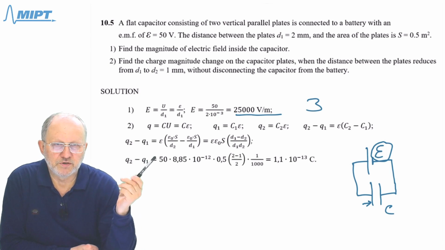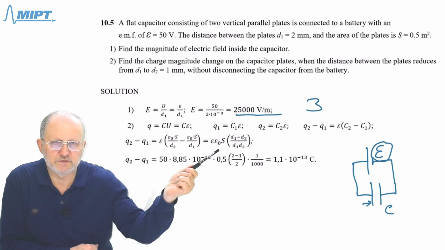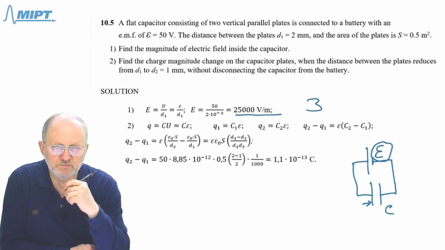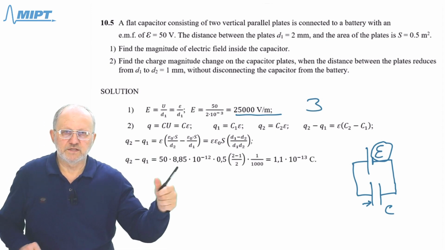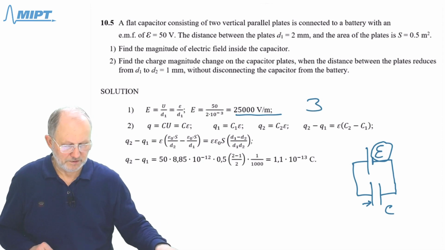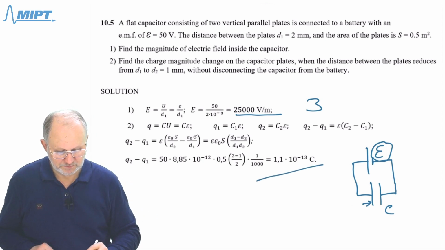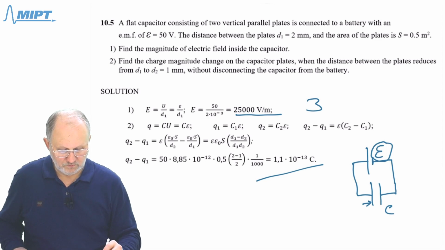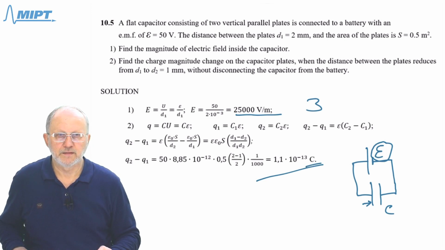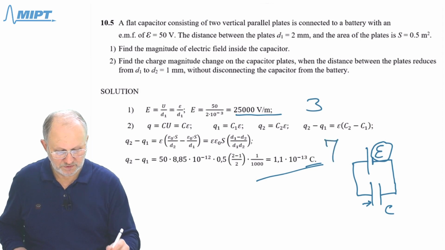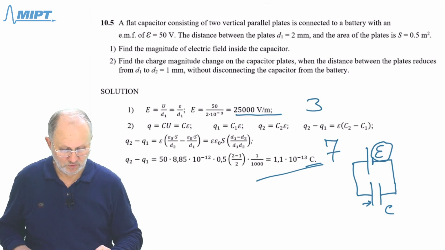If we know the electric charges in these two cases, then we know the difference between these two electric charges, which is directly expressed through the quantities given in this problem. As the quantities are given, we can carry out all the calculations and obtain the final result, which is 10 to the minus 13 C. C is short for Coulomb. If you obtained this answer, then you got 7 points for the second part of this problem.